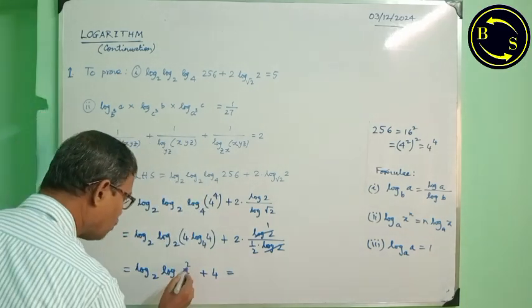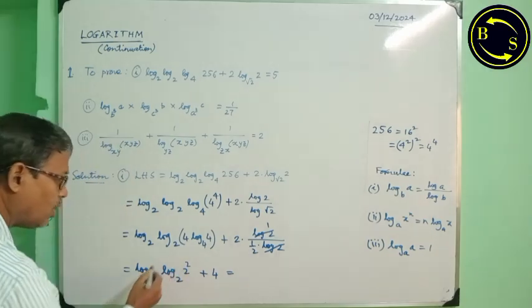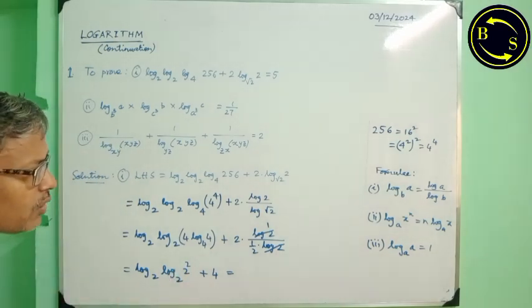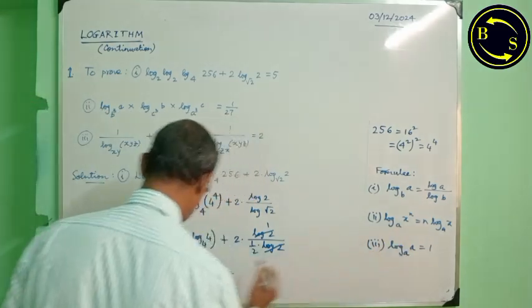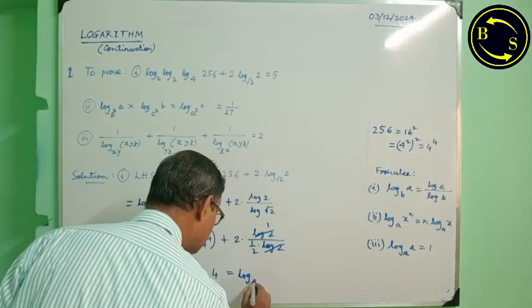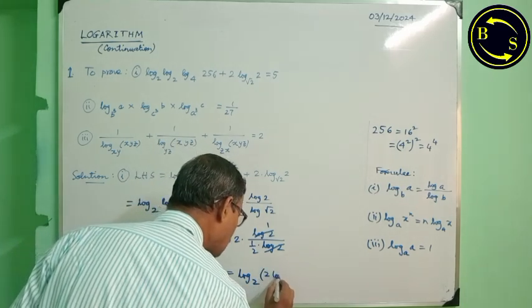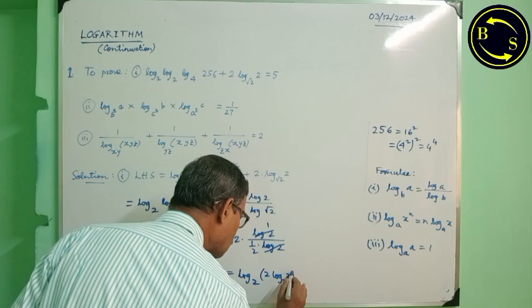Now 2 square, log of 2 square to the base 2. This power will be taken in front as per this formula. Therefore, 2 log 2 to the base 2.